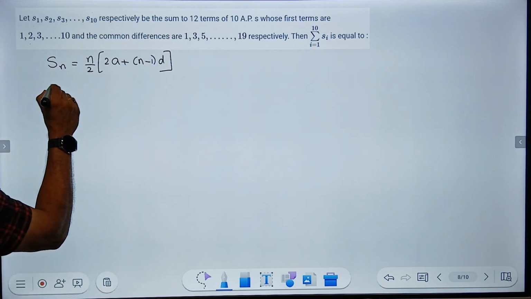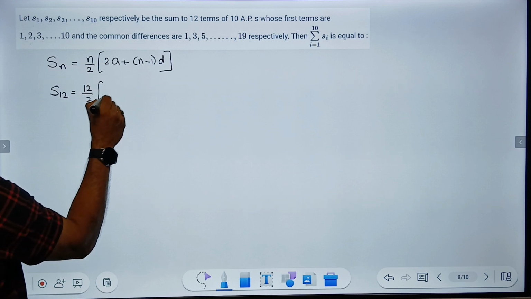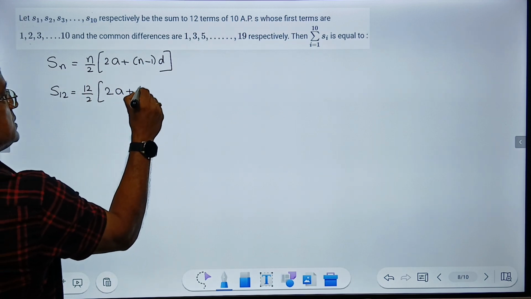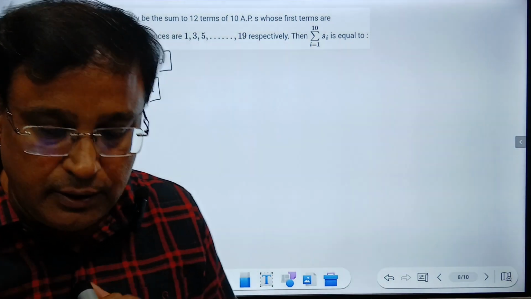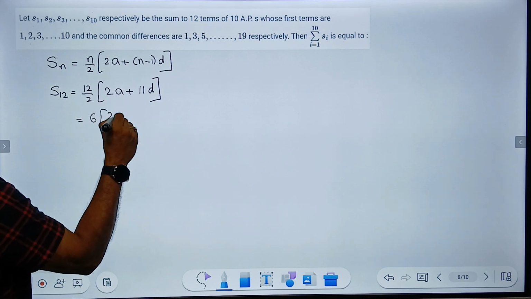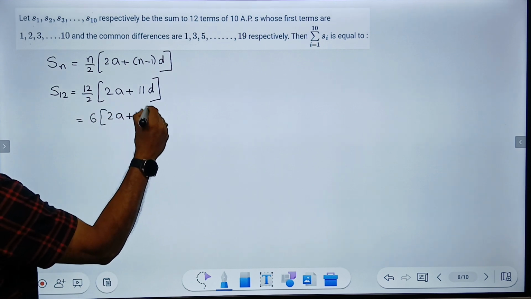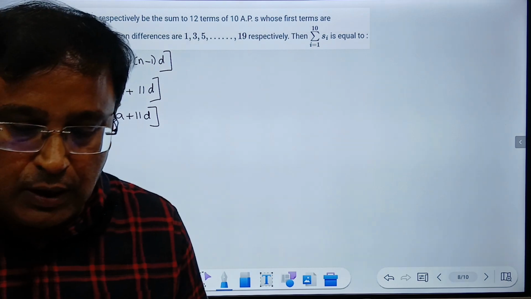So S12 is what? 12 by 2 into 2a plus 11d, which is nothing but 6 into 2a plus 11d. This is S12. Am I clear?